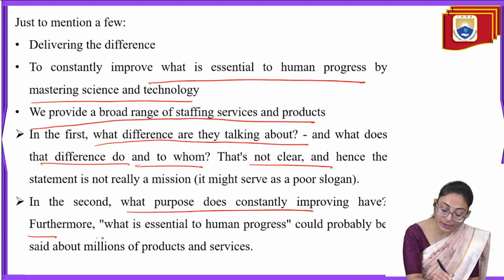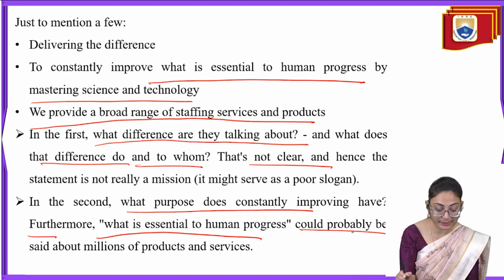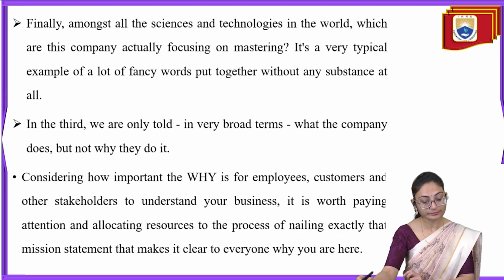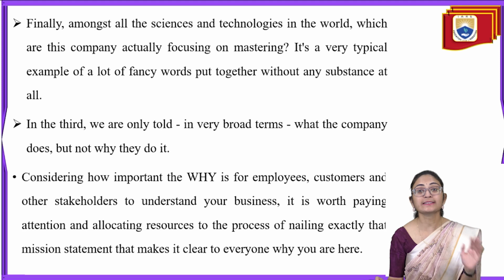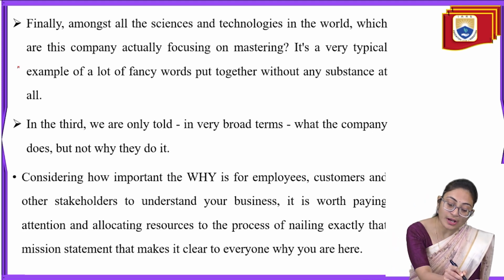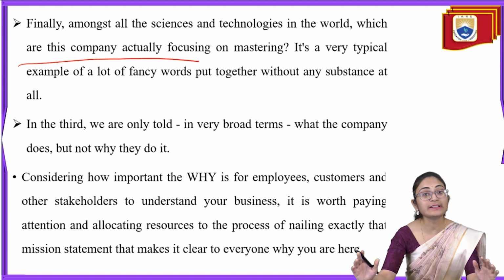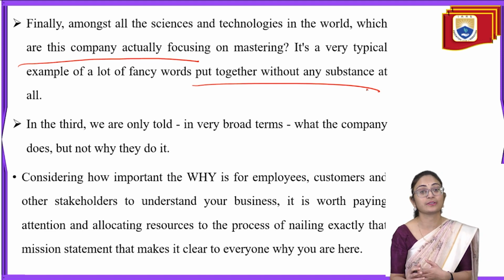Furthermore, what is essential to human progress could probably be said about millions of products and services. Finally, amongst all the sciences and technology in the world, which is this company actually focusing on mastering? It's a very typical example of a lot of fancy words put together without any substance at all.